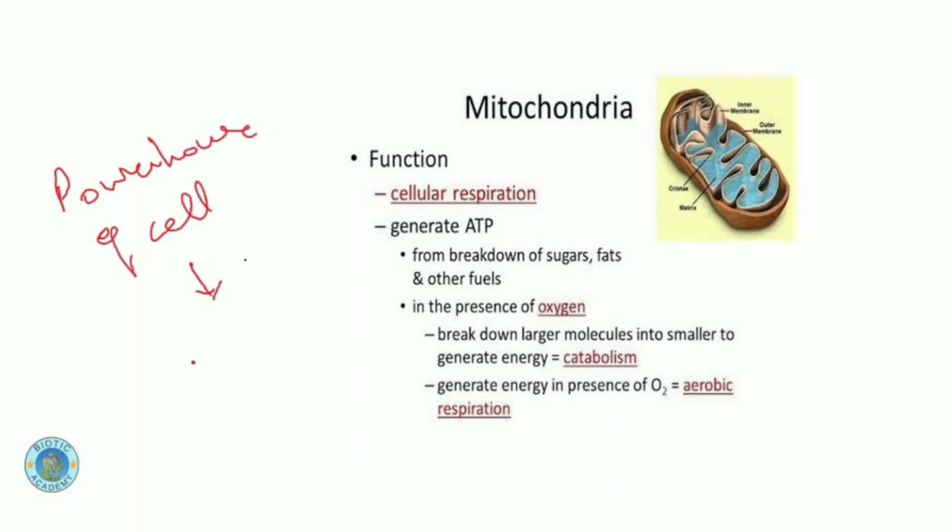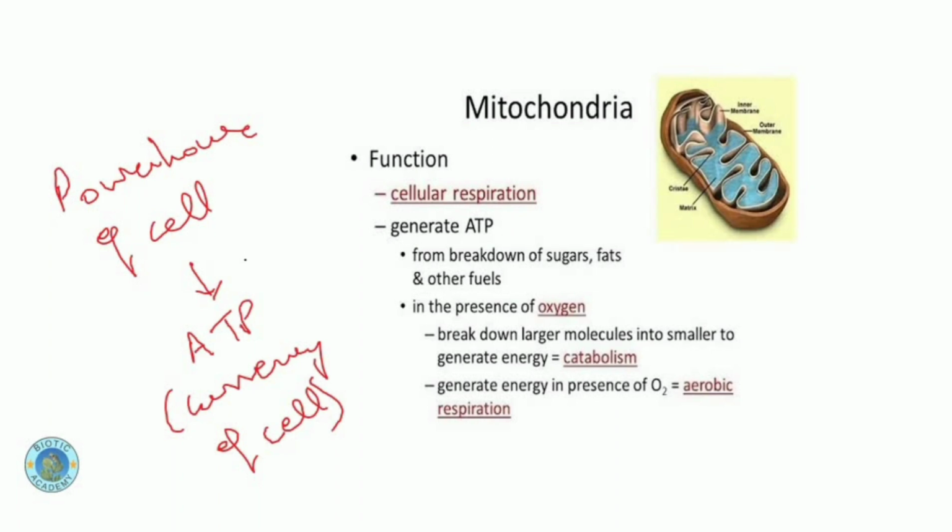It releases energy in the form of ATP, which is basically the currency of the cell, meaning the cell uses this ATP to perform different metabolic reactions. Mitochondria generate this ATP by the breakdown of glucose molecules in the presence of oxygen, which is the process of cellular respiration. So mitochondria is also a very important organelle within the cell, and it generates the energy for cell metabolism, so that the cell can conduct its metabolic reactions smoothly.